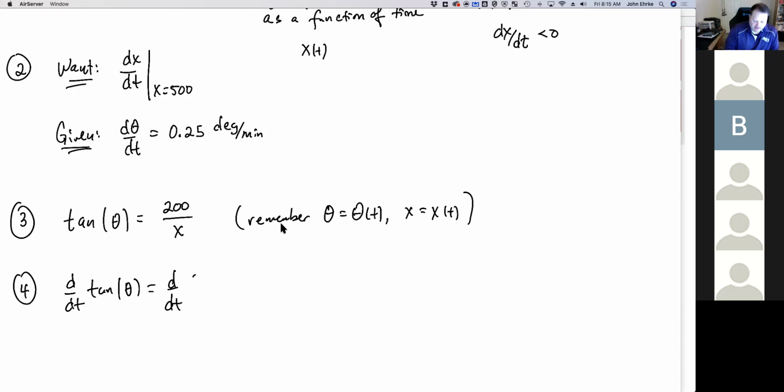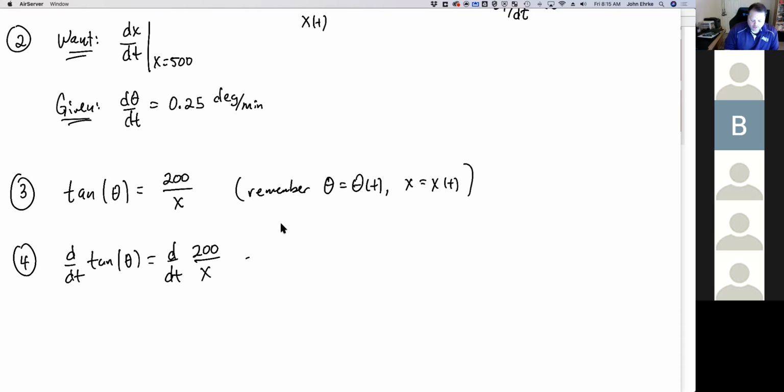Anytime I take the derivative of one of these variables, I have to multiply by the derivative of that variable with respect to time. So the derivative of tangent is secant squared, but that contains theta, so I have to multiply by the derivative of theta with respect to time.